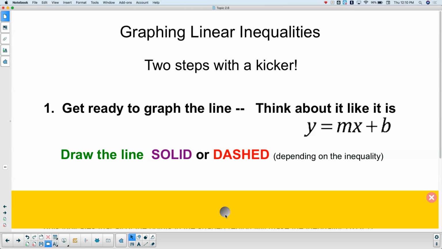If we are drawing a solid line, then we should see either less than or equal to or greater than or equal to. Those are the solid line inequalities. A dashed line would come from just the less than or greater than ones.